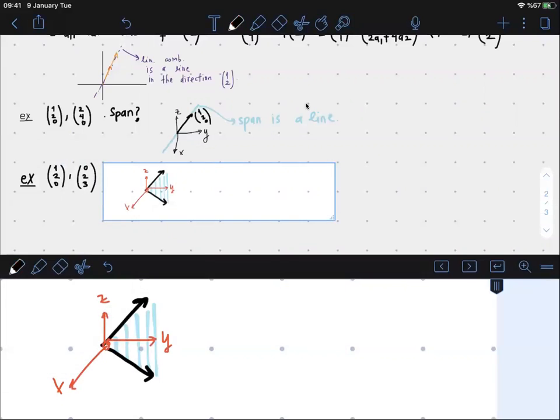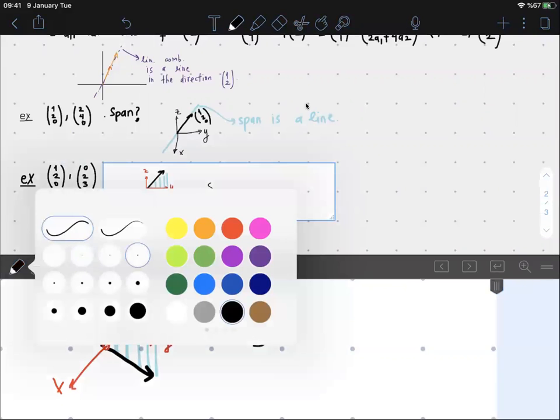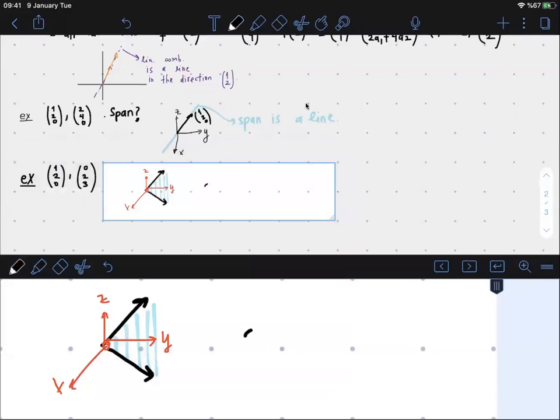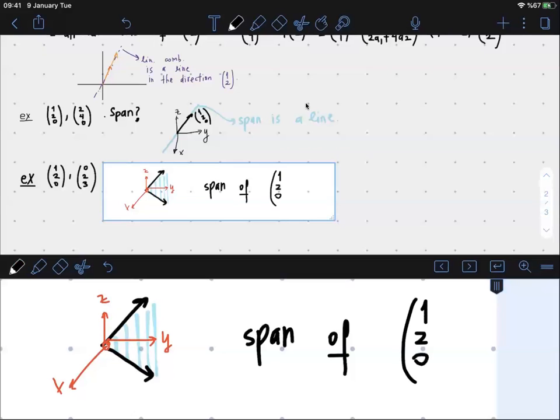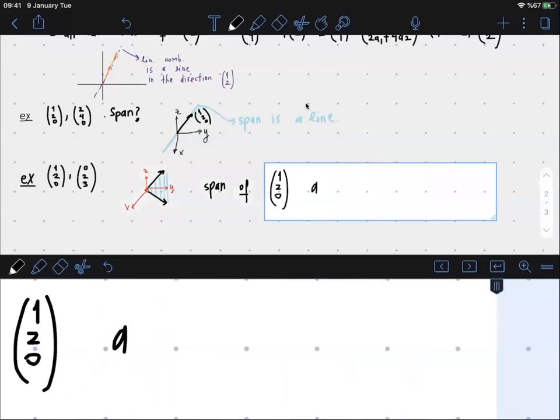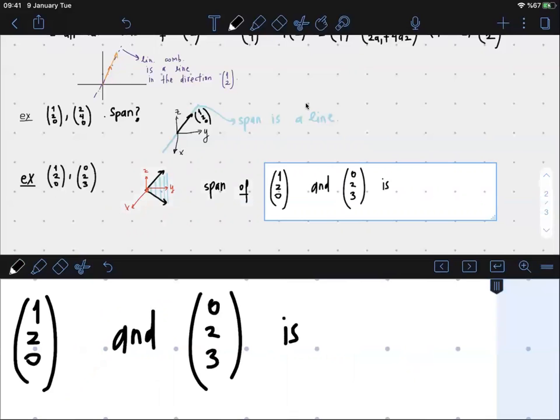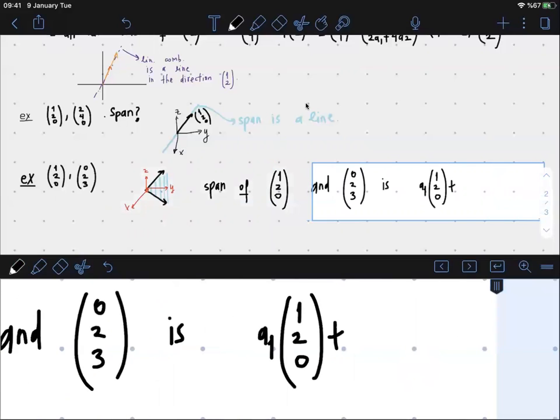Let's write more mathematically here. The span of 1, 2, 0 and 0, 2, 3 is a1 times the first vector 1, 2, 0 plus a2 times the second vector 0, 2, 3.